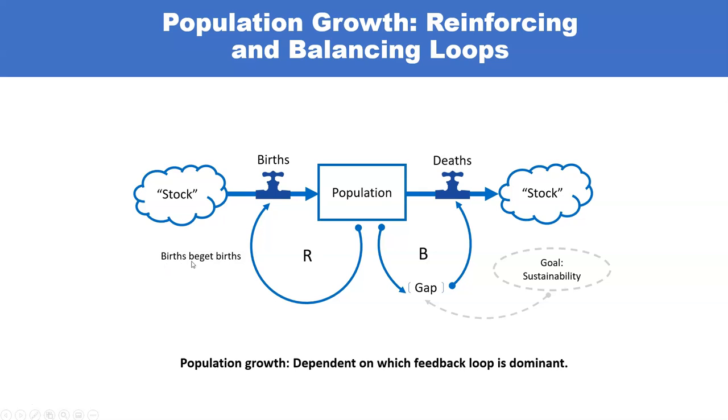In other parts of the world, like Japan, for example, you might find that the reinforcing effect is not that births beget births, but that as the women population goes into work, they're delaying having babies and maybe choosing to have fewer babies. And so the birth rate is actually decreasing. And so that's a reinforcing effect of a decrease in births in Japan.